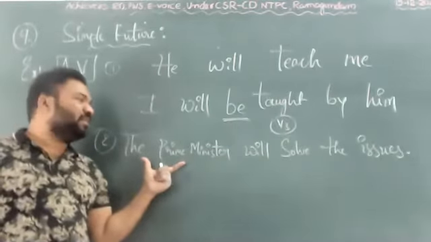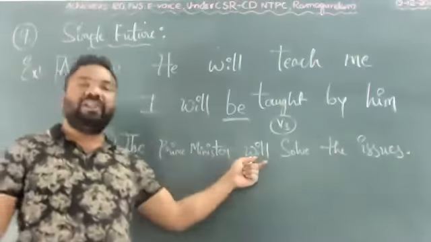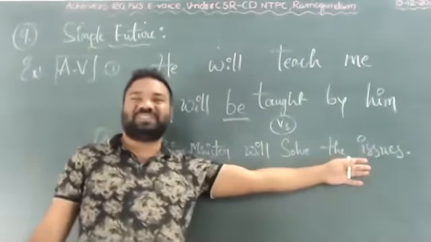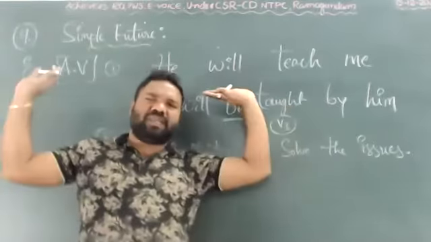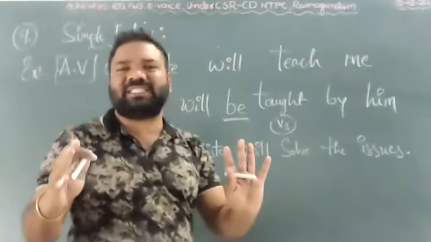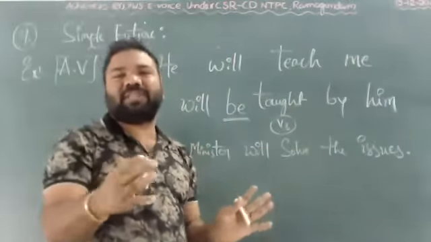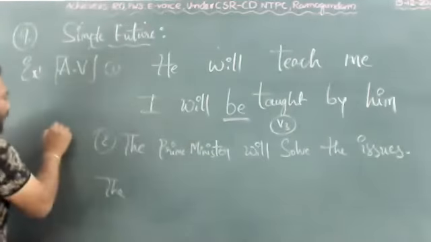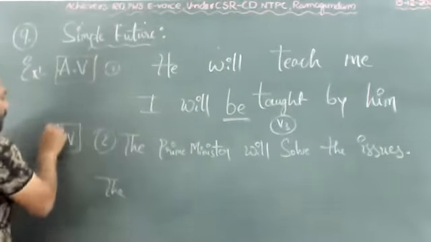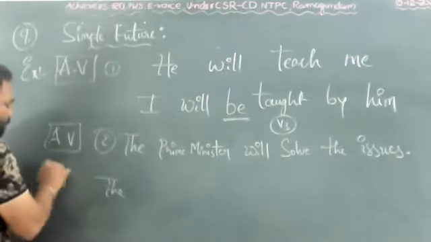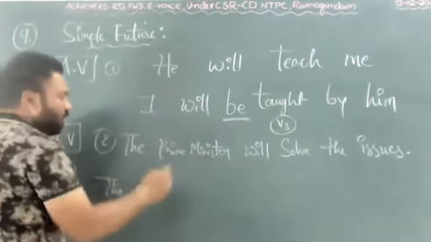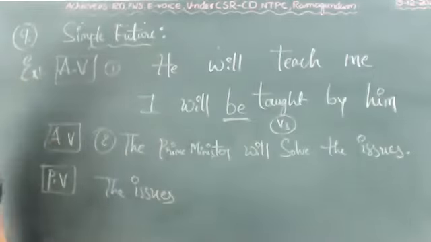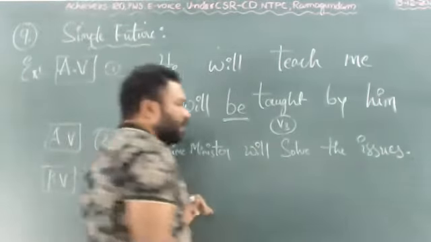Subject is the Prime Minister, will or shall, solve V1, the issues. Okay. So in any case, what I said just now, subject to object replacement is a must. So obviously I have to write the issues for the passive voice. All right. Next, the Prime Minister.